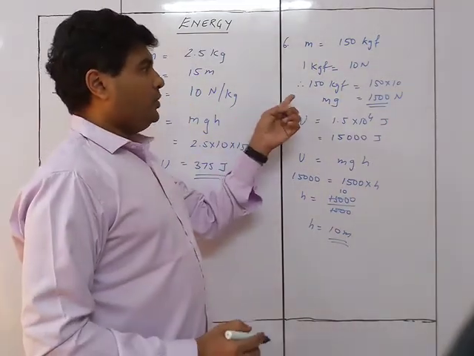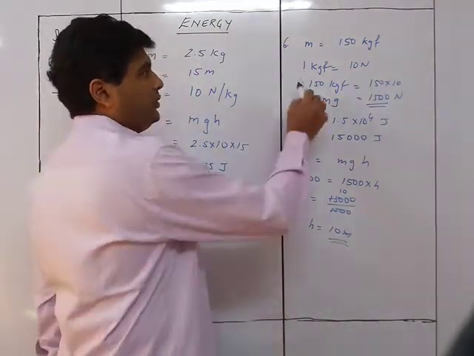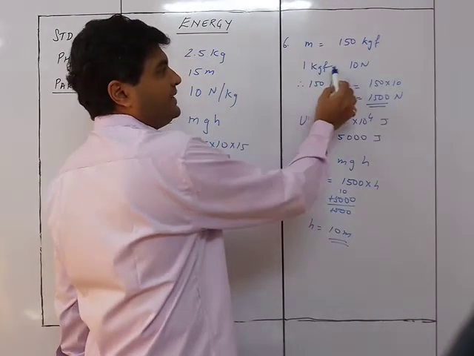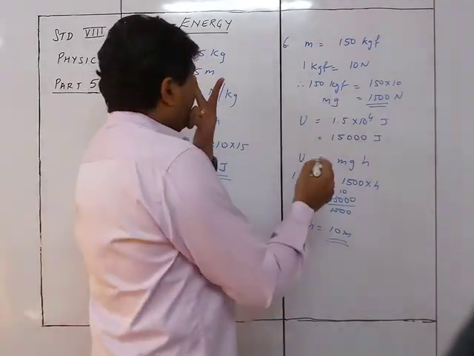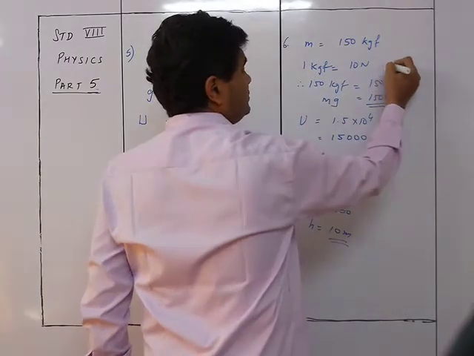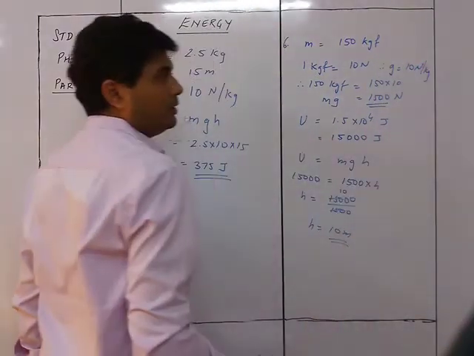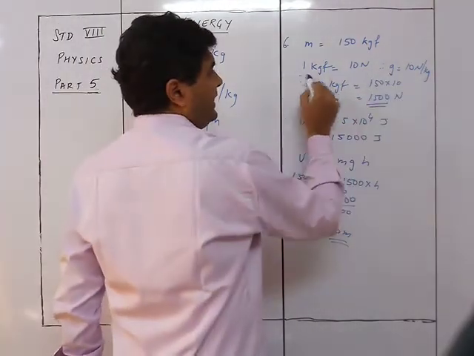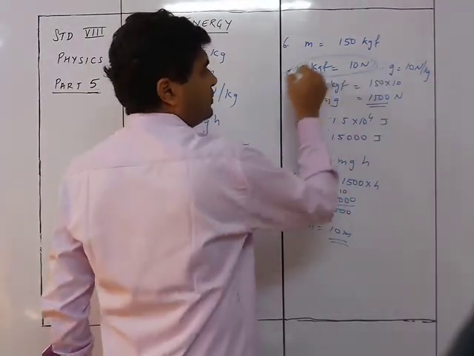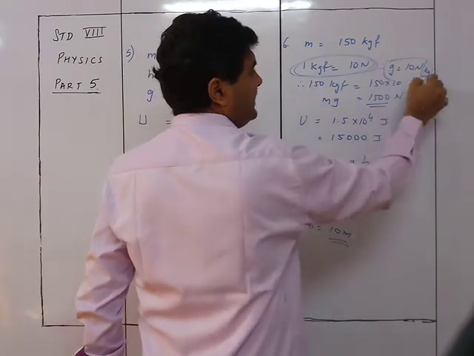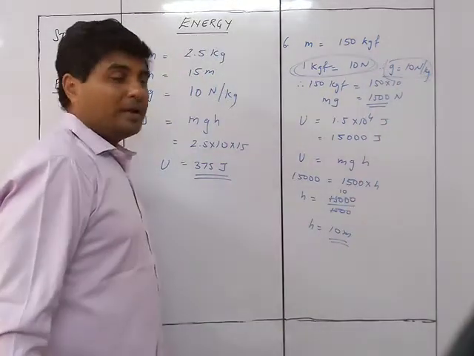For this one, you can see that when it is given 1 kgf equal to 10 Newton, it also means that G is equal to 10 Newton per kg.